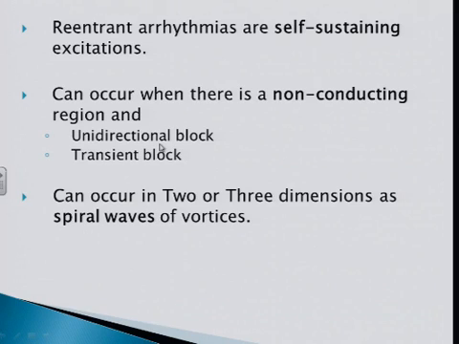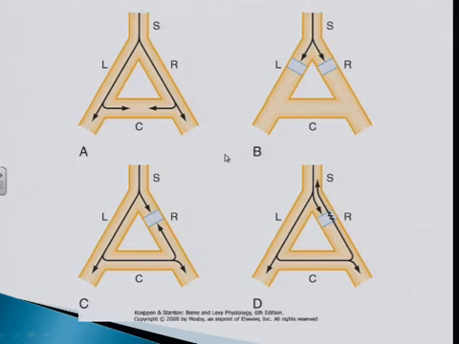And this is drawn in sort of a one-dimensional triangular formulation in your book, but in point of fact, within the heart, you have a three-dimensional organization, and so it can occur in 2 or 3 dimensions, and we call those spiral waves for 2 dimensions, or a vortex, sort of like a tornado, an electrical tornado spinning around a spot, in 3 dimensions.